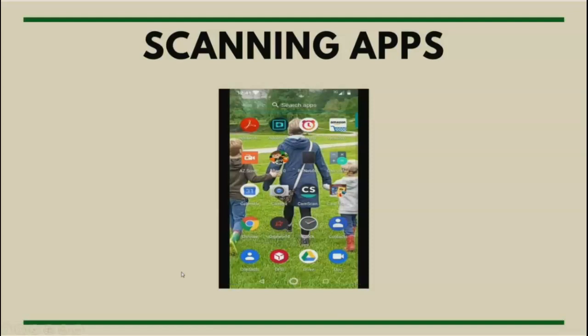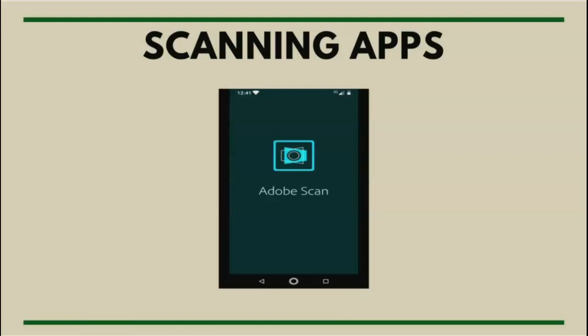For this demonstration I'm going to use Adobe Scan on my Android phone, purely for the sake of keeping the video short, because many of the steps that the scanner app goes through in Adobe Scan are automated, so it keeps things quick. I'm just going to choose my Adobe Scan app, which is at the top there. And then I'm going to find a document. I have one already set up here.